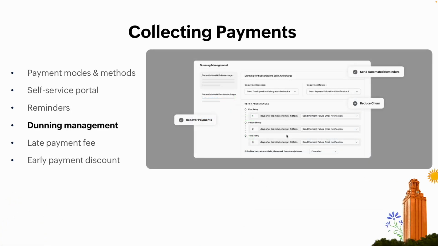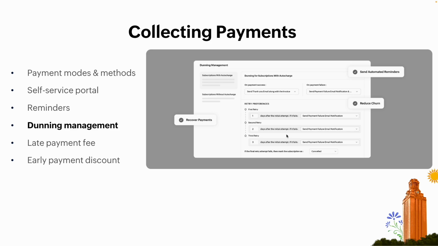Now, for online subscriptions, you would also want to automate this dunning management process. So we have options that will automatically retry the failed payments at specific time intervals, and you can notify these customers through email, and you will also have the option to have them enter an alternate payment method. Whenever they receive this notification of the payment failure, they'll have the option to add an alternate payment method, and that will be automatically retried when the next payment cycle comes in.